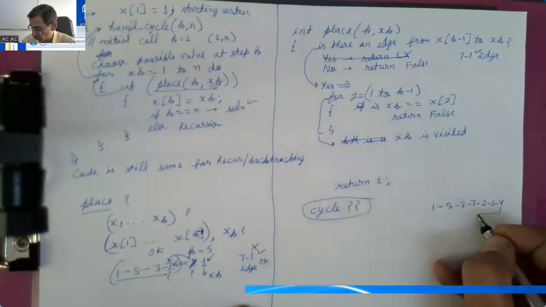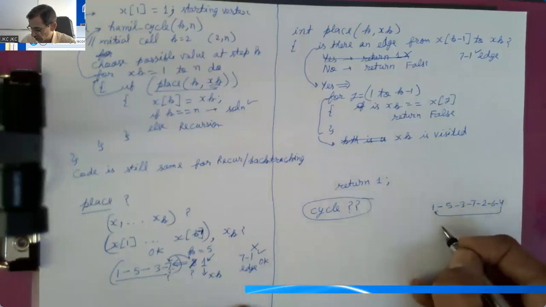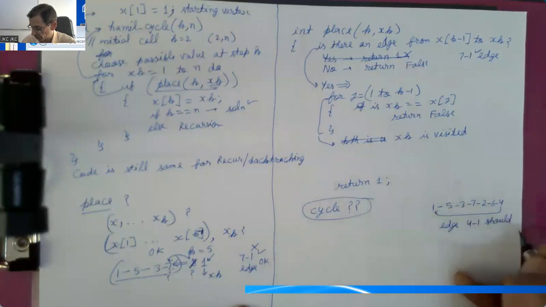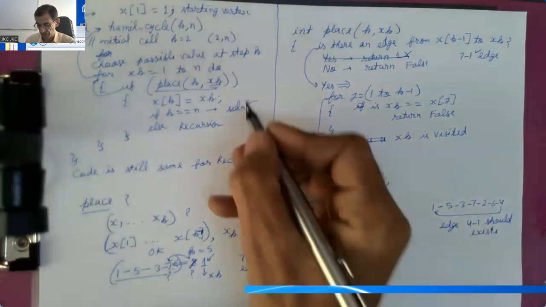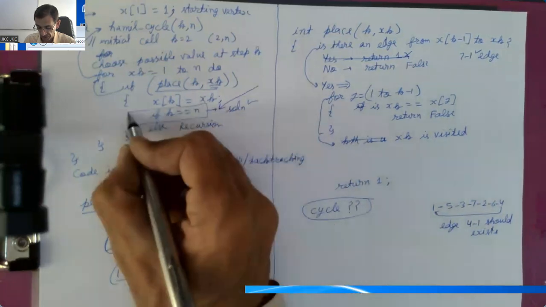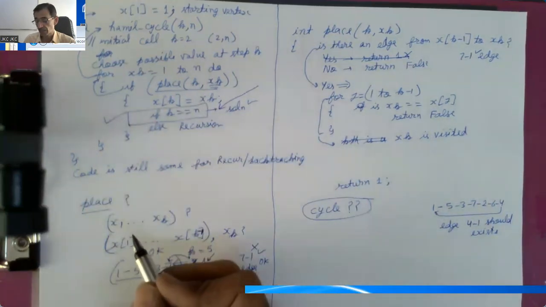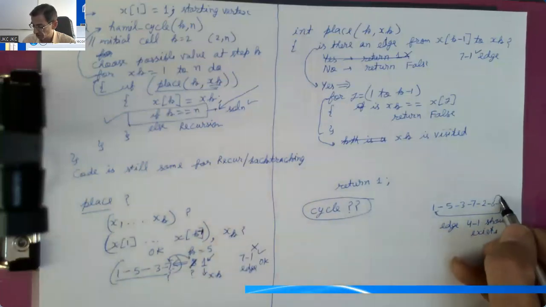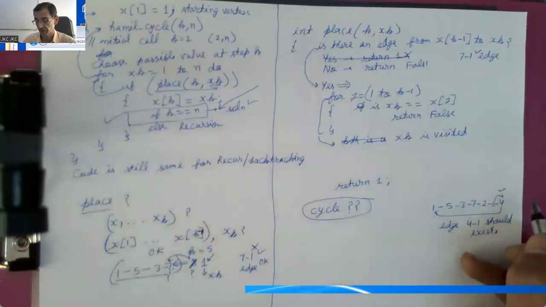Once I reach 4, I have to ensure that edge 4, 1 should exist. Only then the cycle is guaranteed. And this was never checked anywhere else. Once I reached k equal to n, I said print the answer. Cycle was never attempted because the path was attempted. I checked for 6, 4, and that's it.